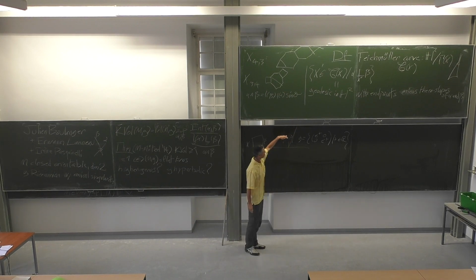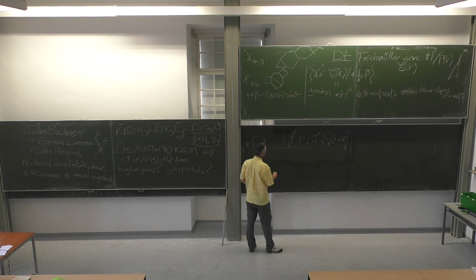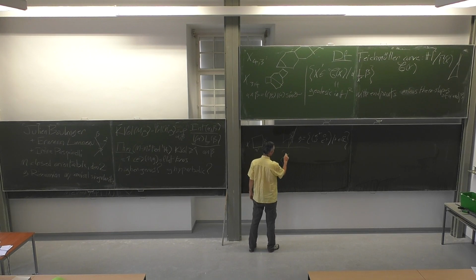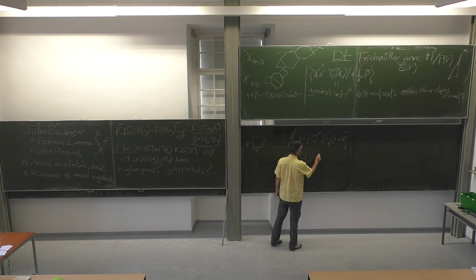So that's the boundary of a tubular neighborhood of the geodesic, which is here, such that at the endpoint they make an angle theta. So the yellow curve is the set of X prime in the Teichmüller disk such that the angle between alpha and beta is theta.